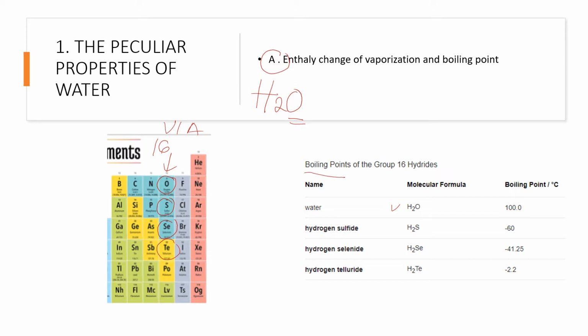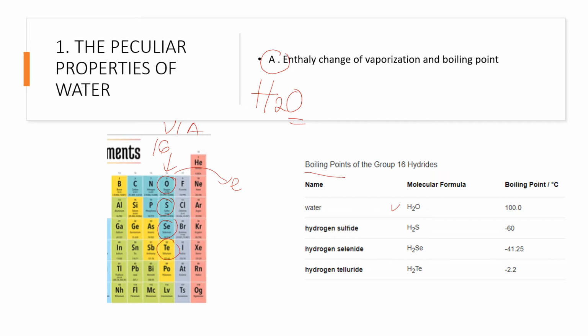If we notice, the position of oxygen is at the top of group 6A or group 16, so the number of electrons is the lowest or the smallest.